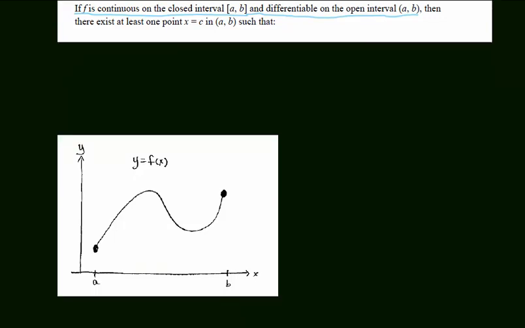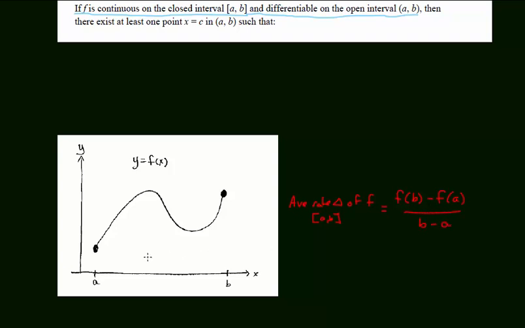Let's recall average rate of change versus instantaneous rate of change. The average rate of change of f of x on the interval AB, you should recall this from earlier in the year, as a formula is f of b minus f of a all over b minus a.